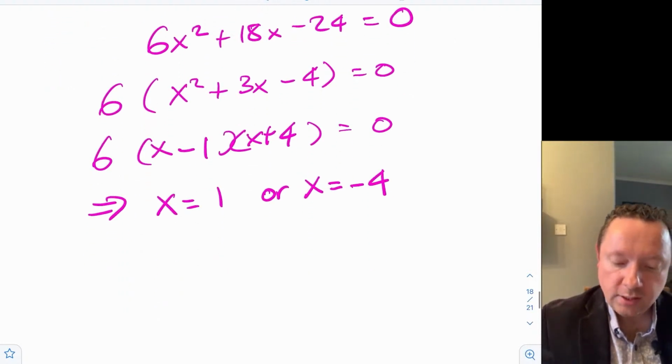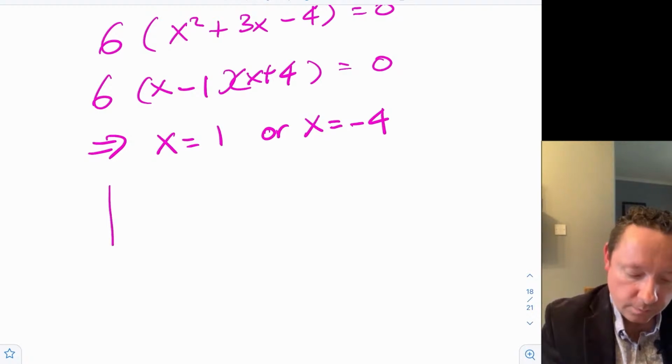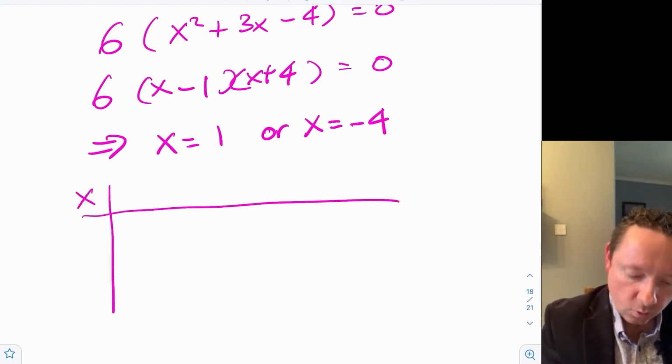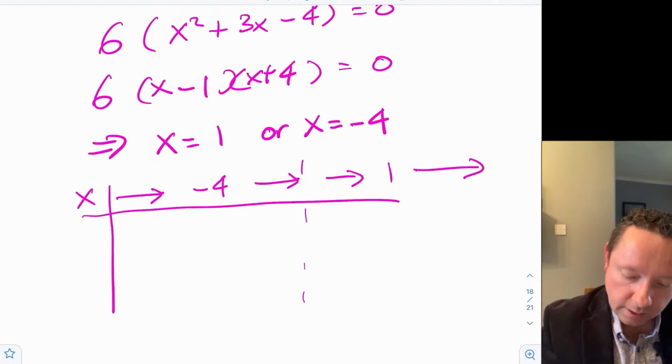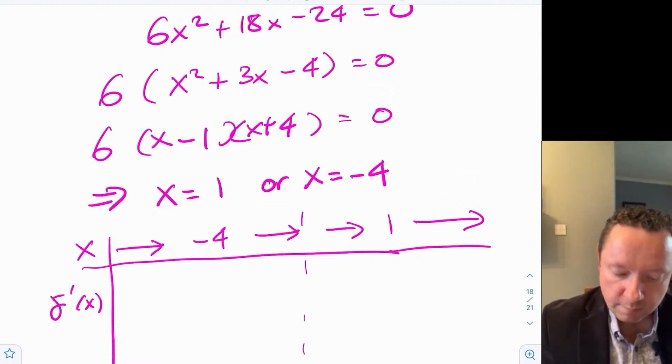So then there's two ways to go now. I'll give you both options. I'll use the nature table. If you're using a nature table, you'll go along to minus 4, along, and then along to 1, and then along. And then you're just going to examine the derivative. So looking at our derivative, a number before minus 4, let's try minus 5.